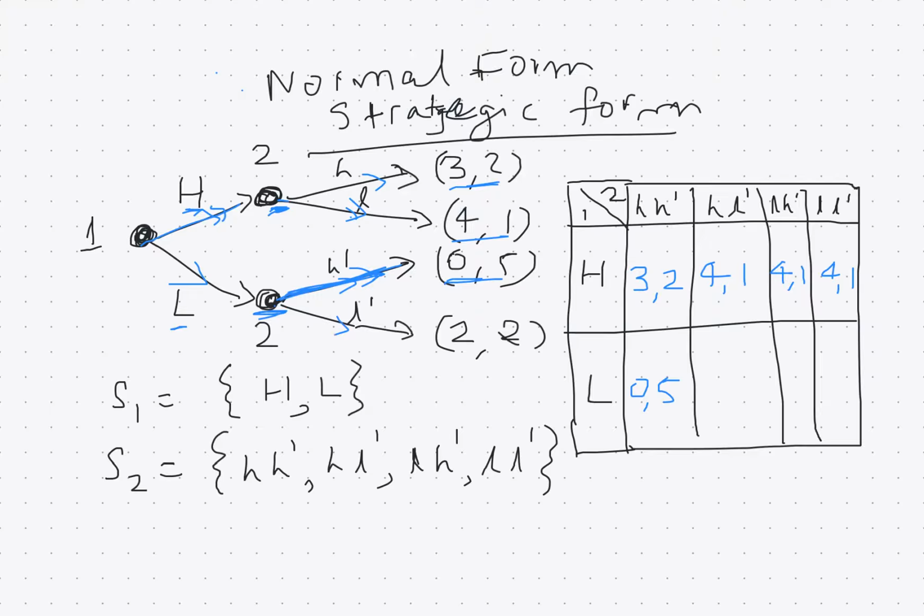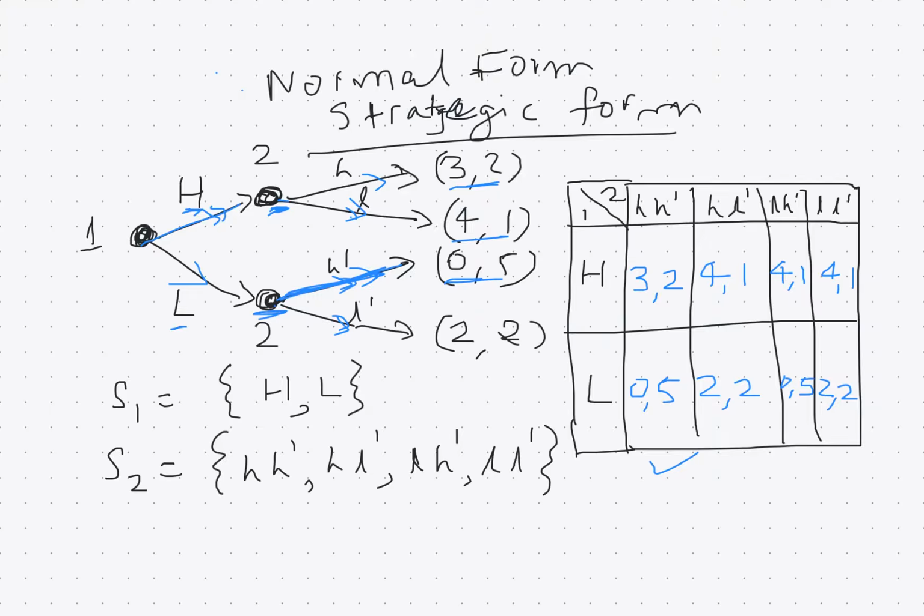So payoffs are 2 and 2. And if player 2 is choosing L and H prime, then this becomes the relevant node, 0 and 5. And if player 2 is choosing L prime, then this becomes relevant, so 2 and 2. So this is the matrix representation of the game. We also call it normal form or strategic form game, right?